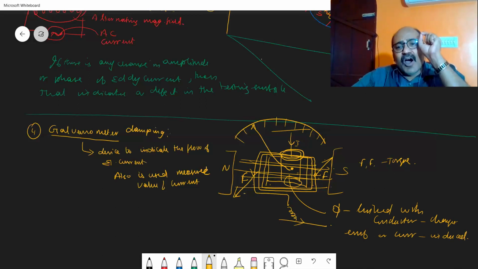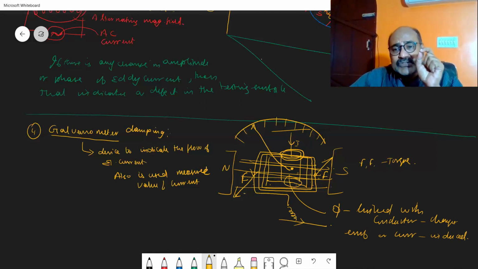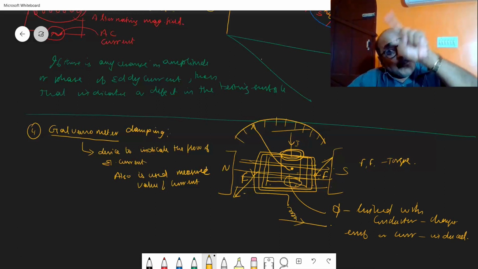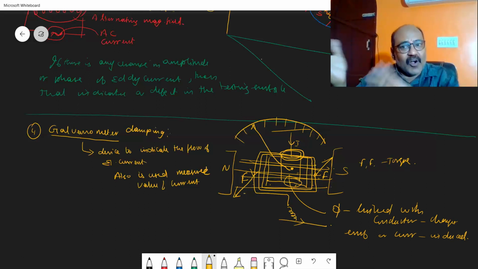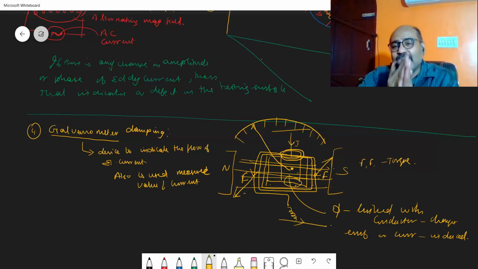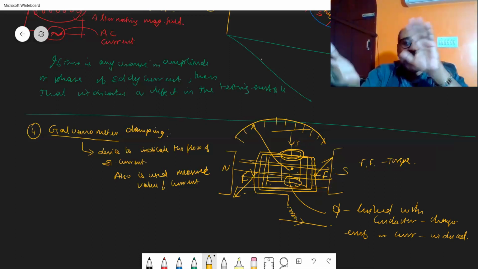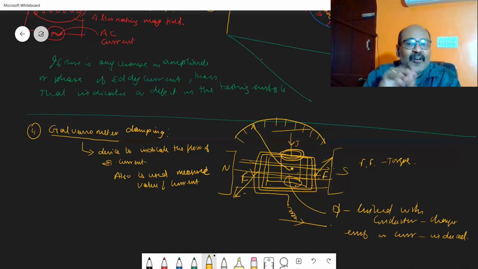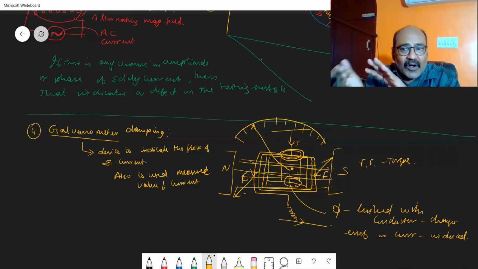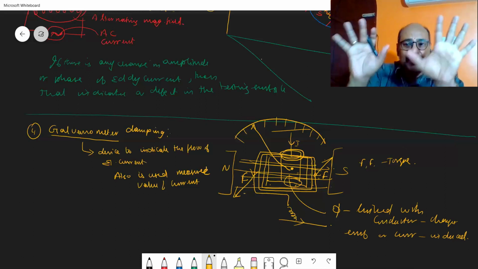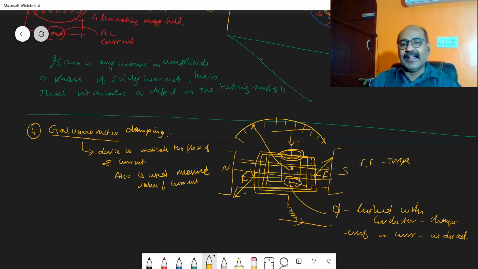That induced EMF or current is in a direction opposite to the direction in which the coil is rotating. So that induced current, which produces a torque in the opposite direction, brings the oscillating coil to rest position immediately. That we call galvanometer damping.